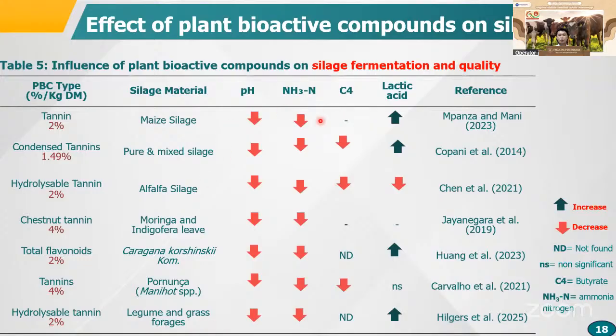The results show that addition of tannin or plant secondary compounds can reduce pH. Reduced pH means that the quality of silage may be improved, with reduced ammonia nitrogen in the silage. Lactic acid bacteria mostly increase after addition of plant bioactive compounds.